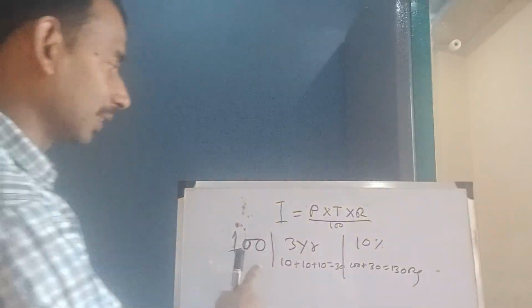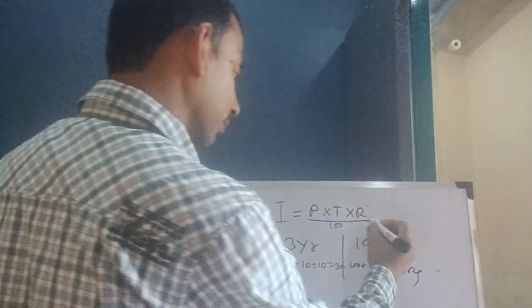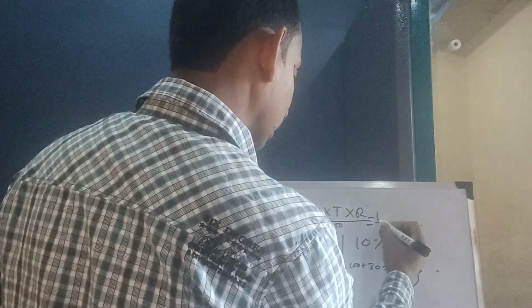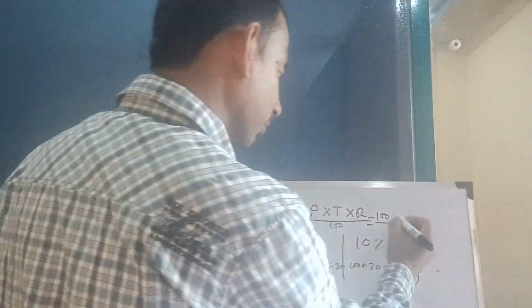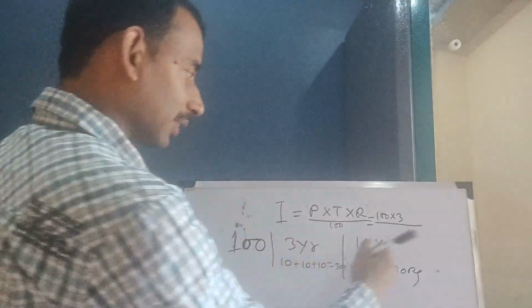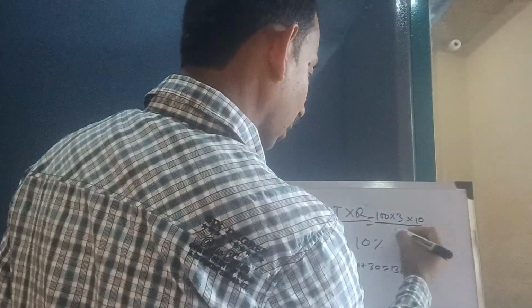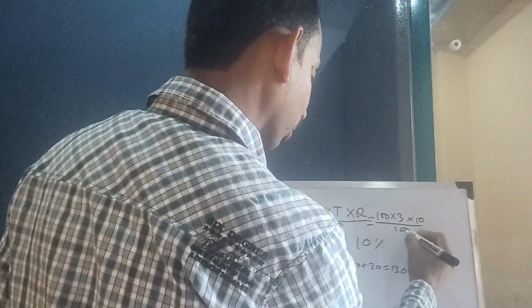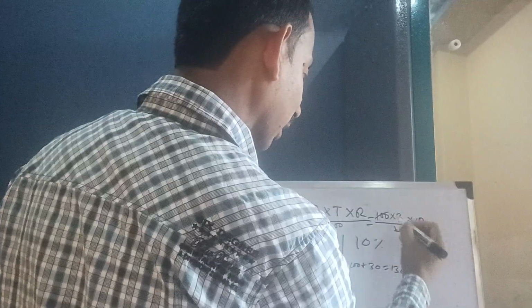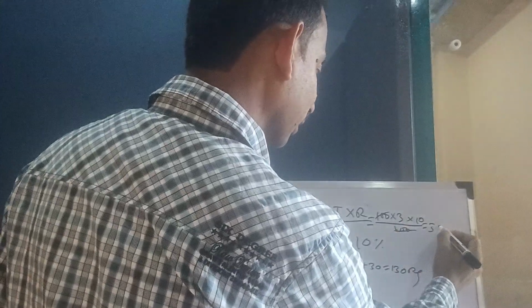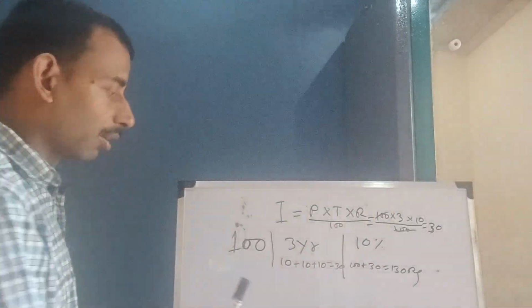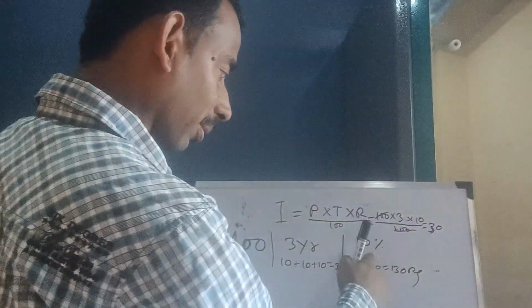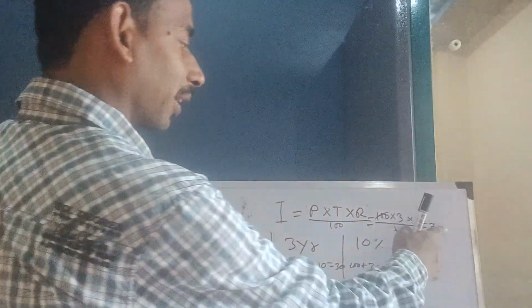Okay, so in this case, principal is 100 rupees. T, the time period, is 3 years. R, the rate of interest, is 10, and by 100. According to this formula, cancel 100, that is 30. That is the total interest after 3 years for 100 rupees, if the rate of interest is 10, is 30 rupees.